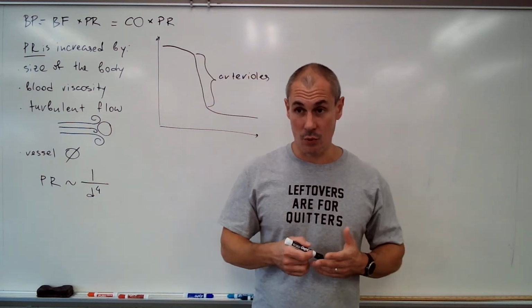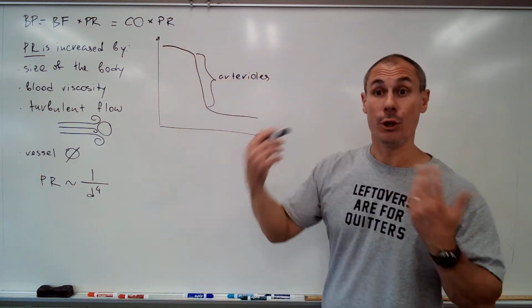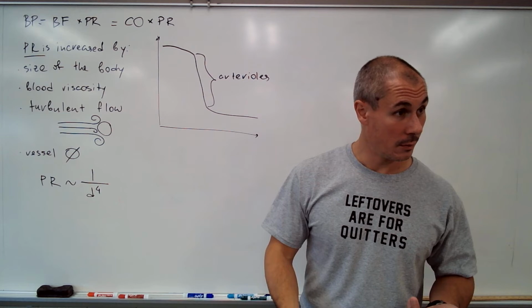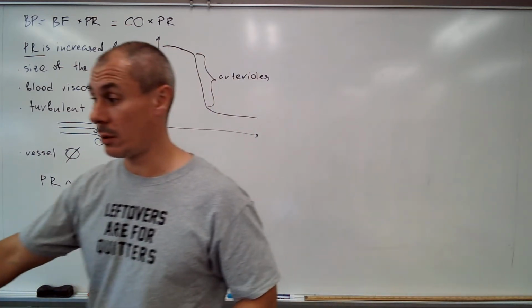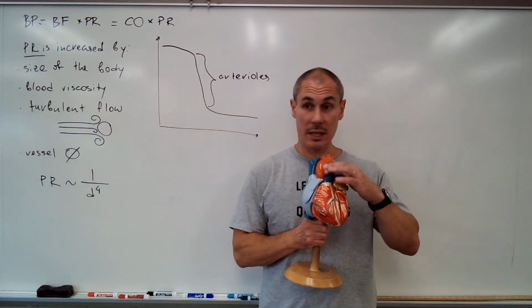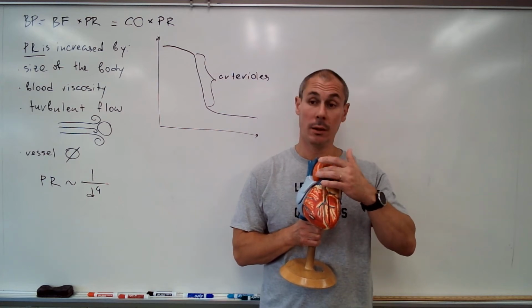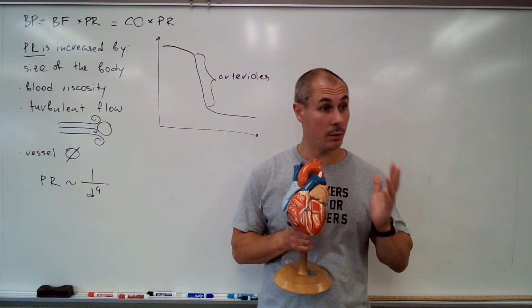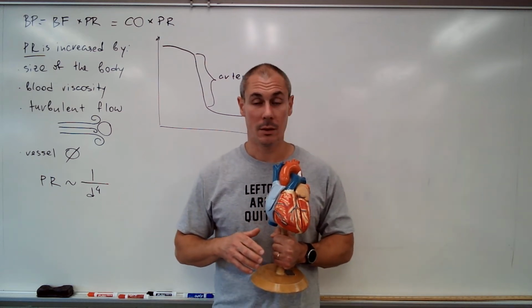Blood is always moving from the area with the highest pressure to the area with the lowest blood pressure. Does that make sense? So in the systemic circuit, the highest pressure will be basically at the entrance to the aorta, at the border between the aorta and the left ventricle. You clear? Where's the lowest blood pressure going to be?